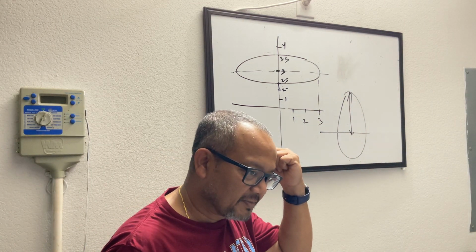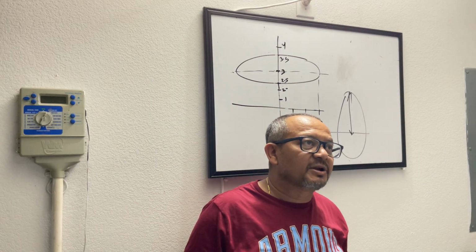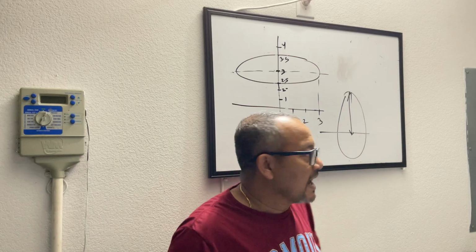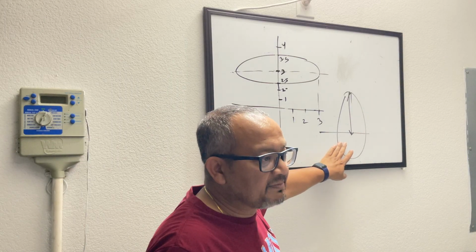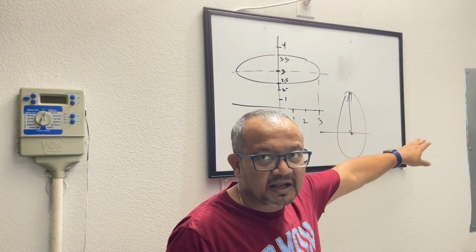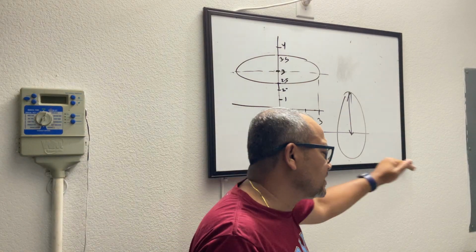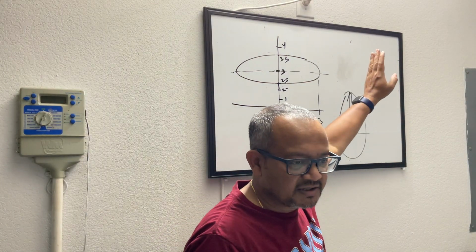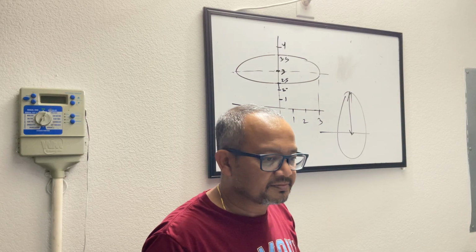So I will not relate minor or major radius with the x or y axis. I'll just go by the orientation of the ellipse, and based on that determine whether my minor radius is along the x-axis or the y-axis.